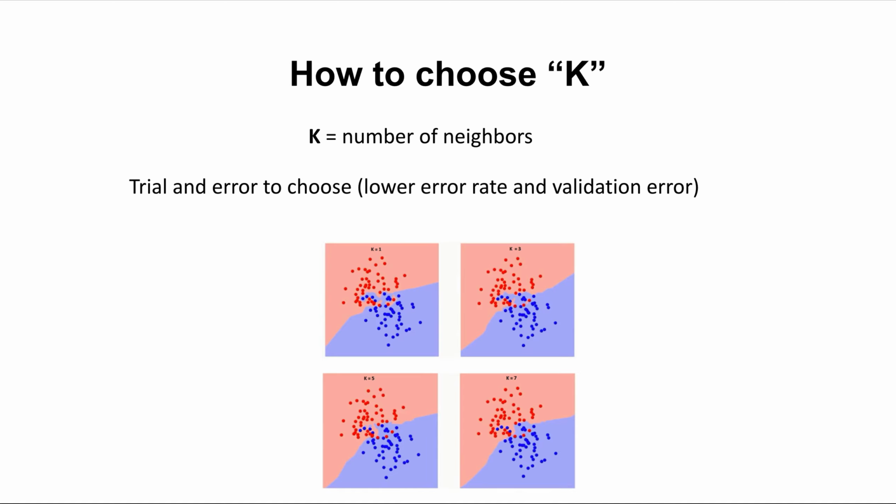And so when we actually want to choose k, when we're implementing this algorithm, it's kind of a trial and error process to choose it. You want to both have a lower error rate and a lower validation error. And so here's an example. There's 4 graphs on this slide. You see there's 4 different iterations. We tried a graph of when k is equal to 1. We have a graph when k equals 3, k equals 5, k equals 7.